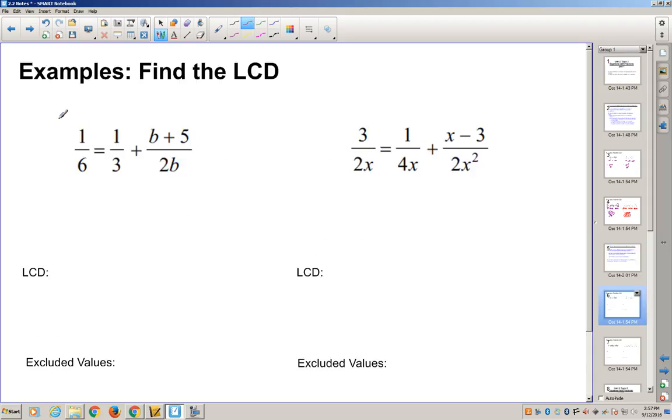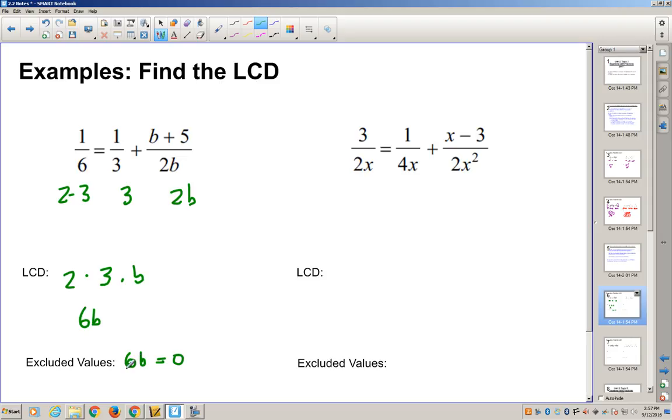So if we go back to this, we already did this problem right here when we said that the LCD would be 2 times 3 times b, so it would be 6b. And then all you really need to do is set that equal to 0 and solve for b.